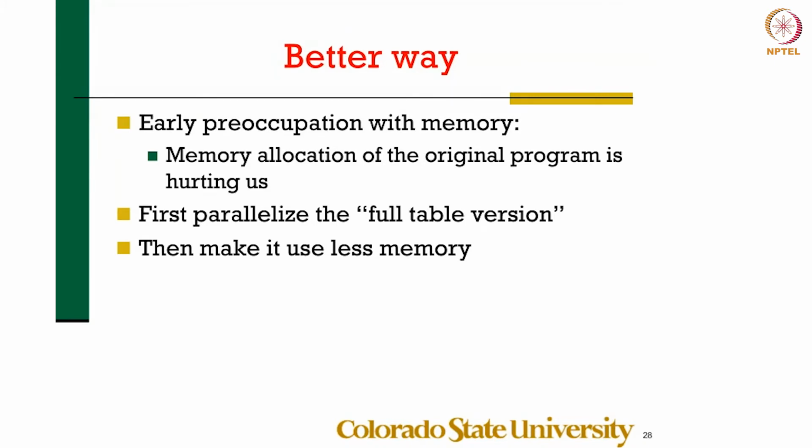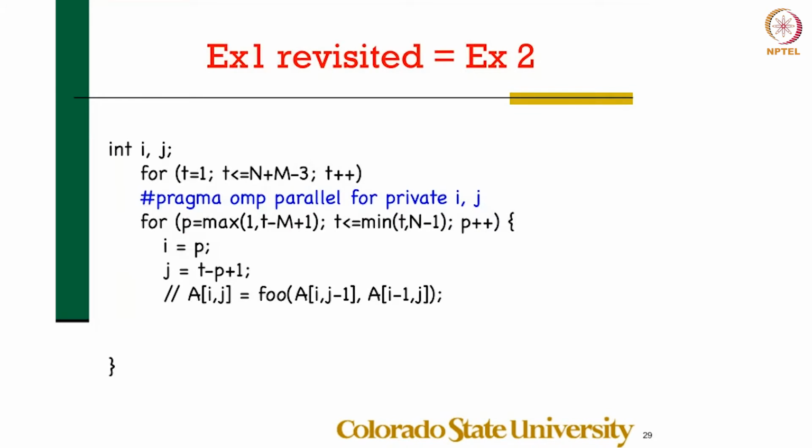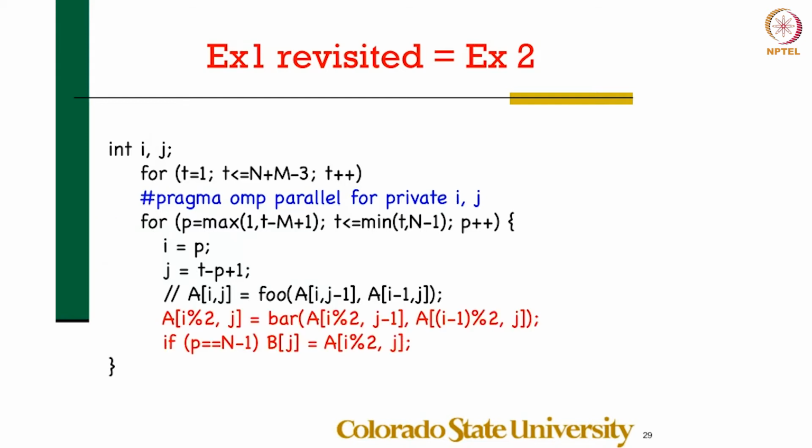Okay, so here is what you can do. I'm showing example 1 revisited, where really I want to compute example 2. Instead of doing this, remember example 1 was basically from t equals 1 to n plus m minus a constant, and the loop body was aij.